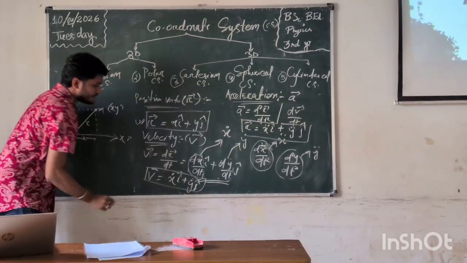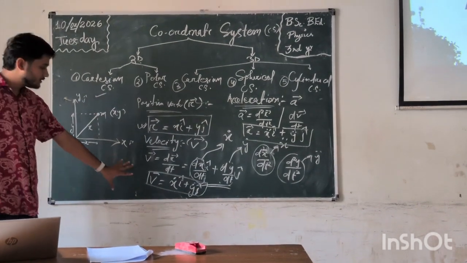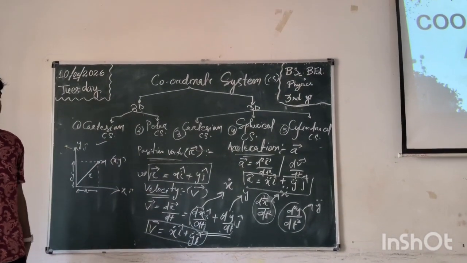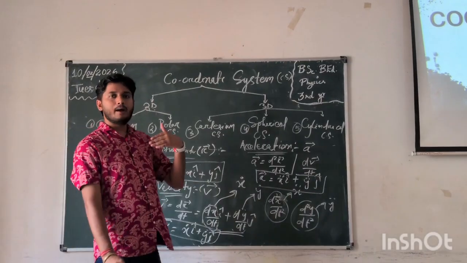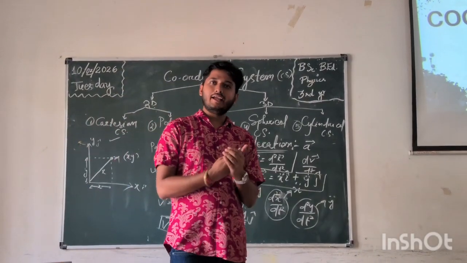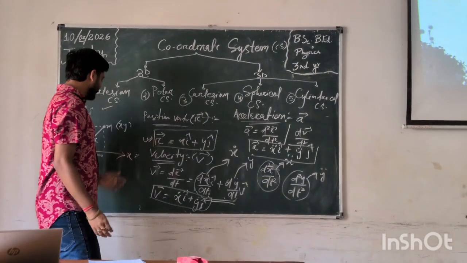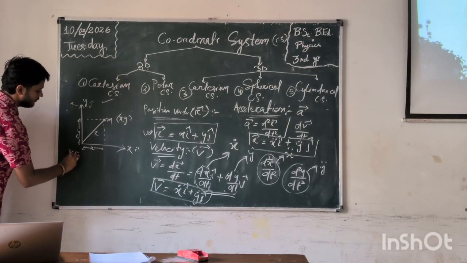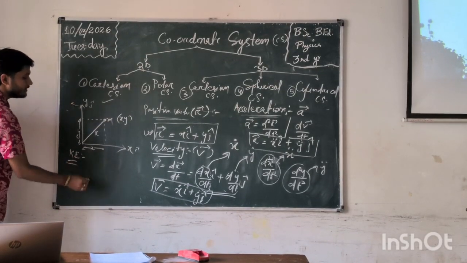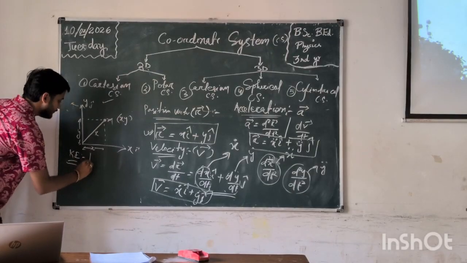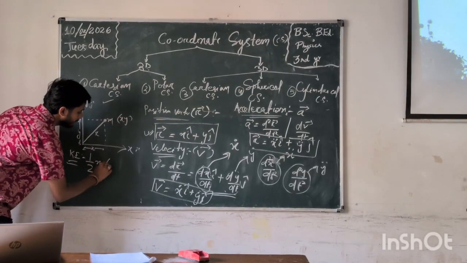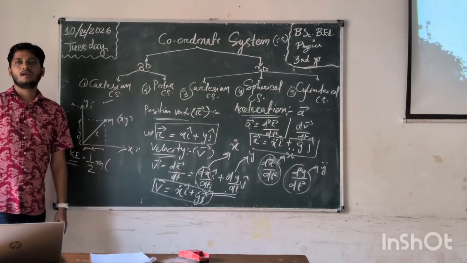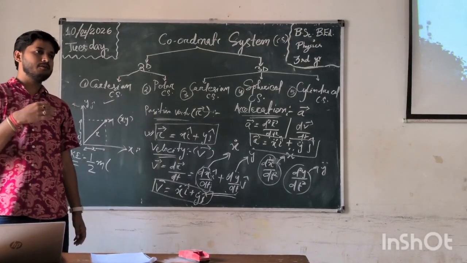So for Cartesian coordinates in 2D, we got three types of expression, but we have to calculate the kinetic energy also. So what is the kinetic energy? The general equation for kinetic energy is half m v square. V square means in dot product we can write v dot v.